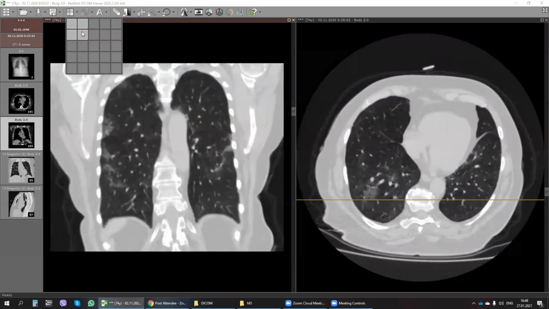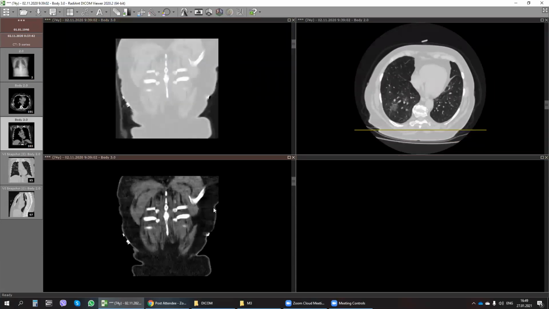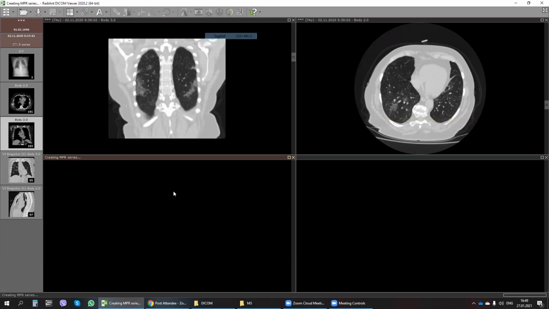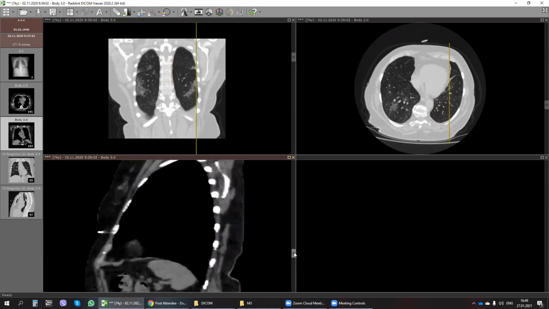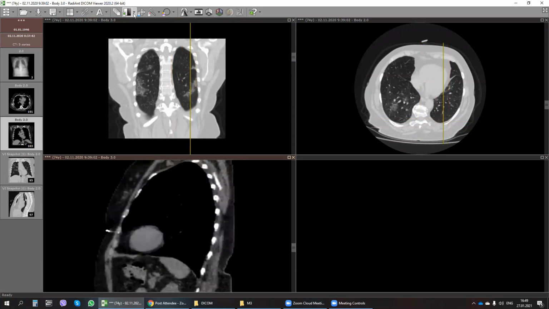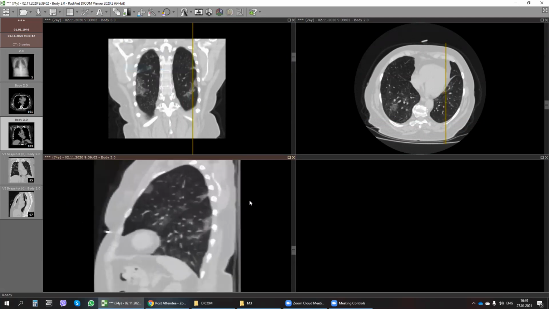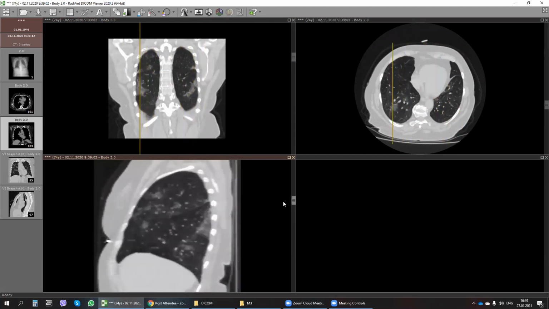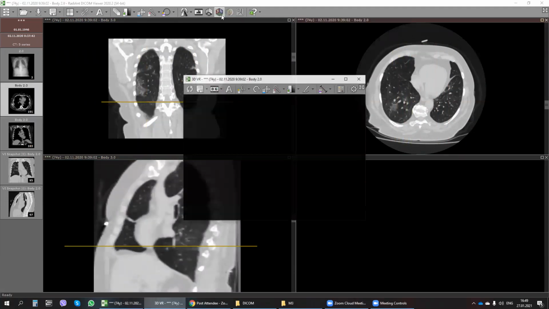So we can perform three-dimensional imaging like I'm doing right now. In all three projections, we can visualize the lesions. So please remember this picture, 74 years old, COVID pneumonia. Also, you may create a three-dimensional reconstruction.